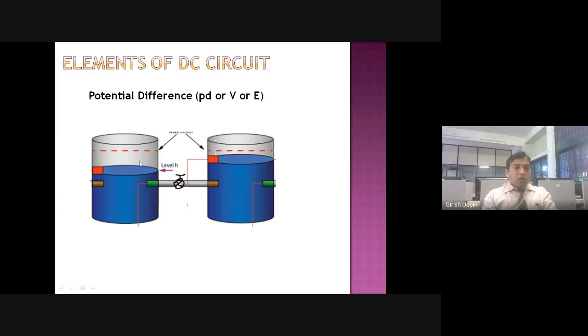Before we understand electric potential difference, these are the two tanks. Just think they are connected by a hollow pipe, and in between I have a valve. The water levels are different here. Let us say this is tank A, this is tank B. If I open this valve, what will happen?